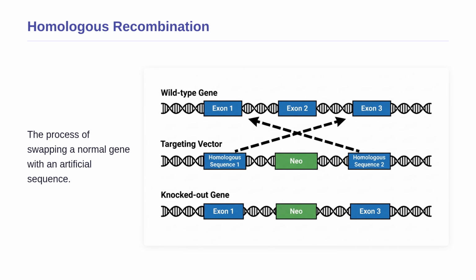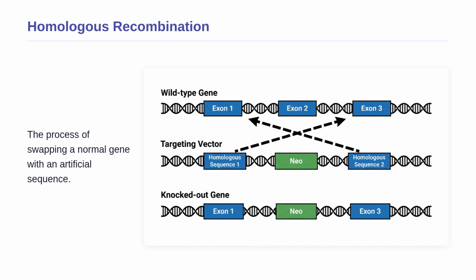Let us visualize this mechanism with a diagram. At the top, you see the wild-type gene, which is the normal, functioning gene, containing exon 1, exon 2, and exon 3. Below it is the targeting vector, which is the artificial DNA introduced by scientists.